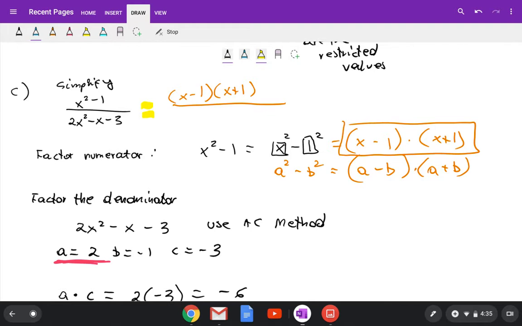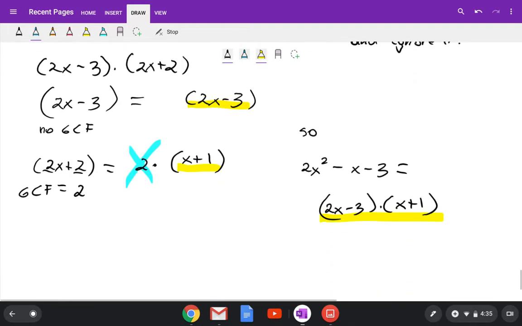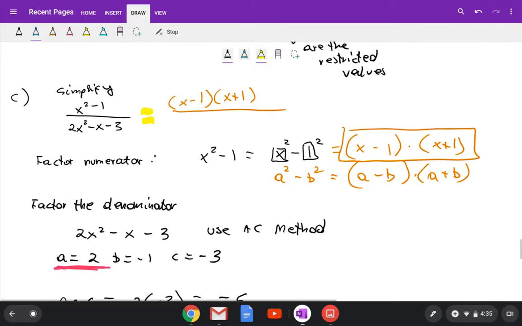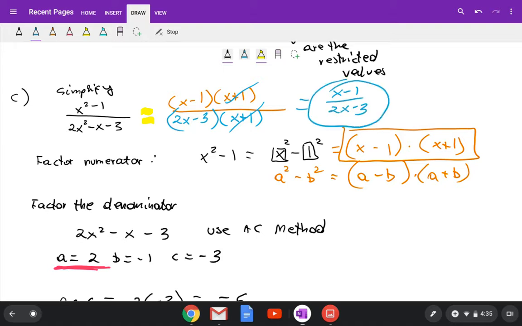Next, we just factor the denominator, and we got 2x minus 3 times x plus 1. And just simplify. Cancel the repeating parenthesis. And we got x minus 1 over 2x minus 3, and this is our final solution.